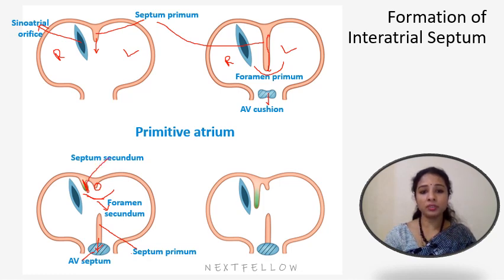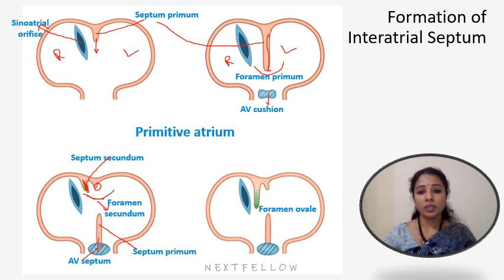So this is septum secundum, here it is. This foramen is foramen secundum, otherwise called ostium secundum. The septum secundum grows downwards towards the septum primum, and that is towards the AV cushion, and it overlaps the foramen secundum.